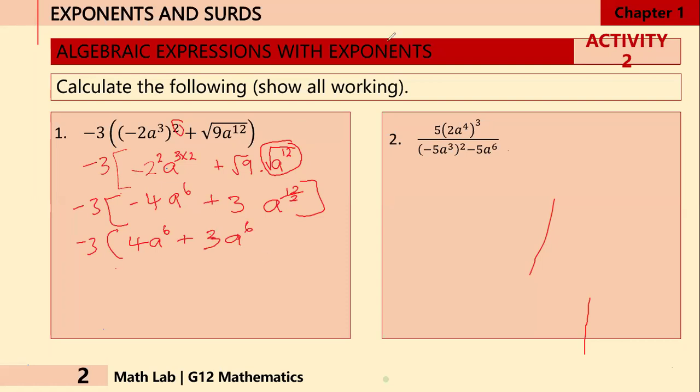Yes, I see Daniel has raised the hand. So if you expand the negative 2a to the power of 3, won't it be negative 2 multiplied by negative 2? Pardon? Give you positive 4. Just speak a little bit louder.